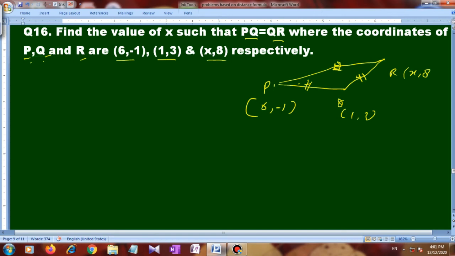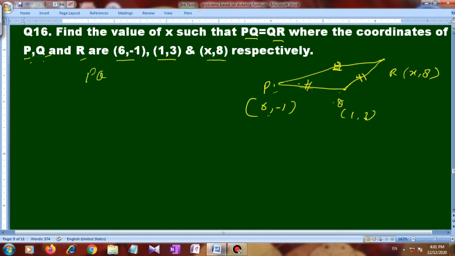So P, Q and R are given. Coordinates of P are 6 comma minus 1, Q is 1 comma 3, and R is x comma 8. This side PQ is given equal to QR, this side.